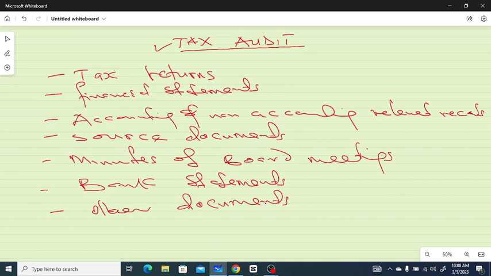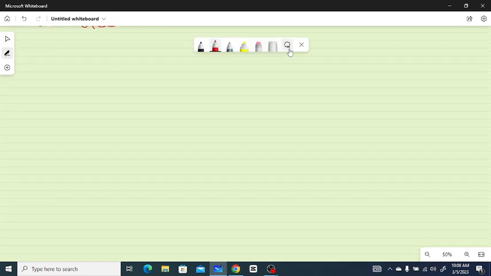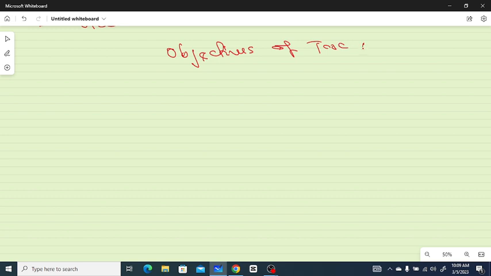And now we are going to look at the rules and objectives of tax audits. One, to determine whether or not the taxpayer has complied with the relevant tax laws.